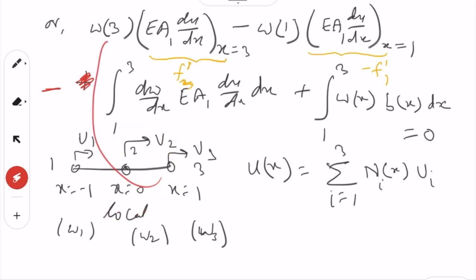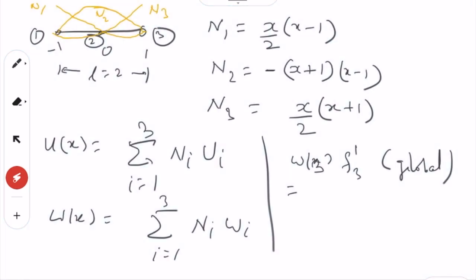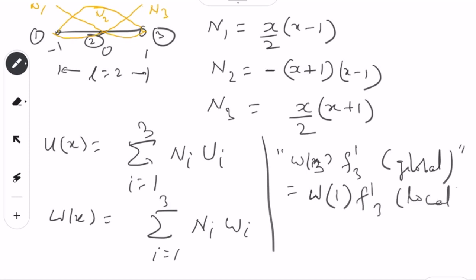Since W is defined locally, I will write it in quotes. So this one is nothing but W minus 3, W1 F13 in the local coordinate system.